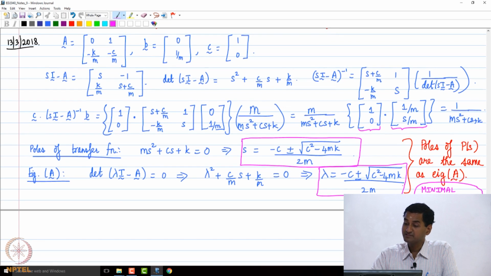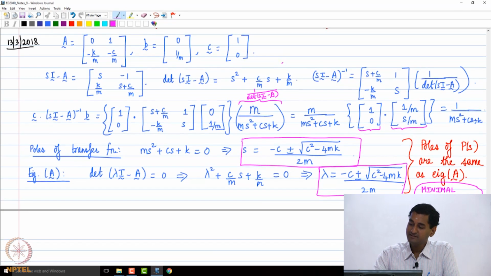Okay, so this is the determinant, right? What I have written here is the determinant. Of course this is the reciprocal of the determinant. This is 1 by determinant of sI minus A, right? So what I have done is that the determinant of sI minus A is s squared plus c by m s plus k by m.